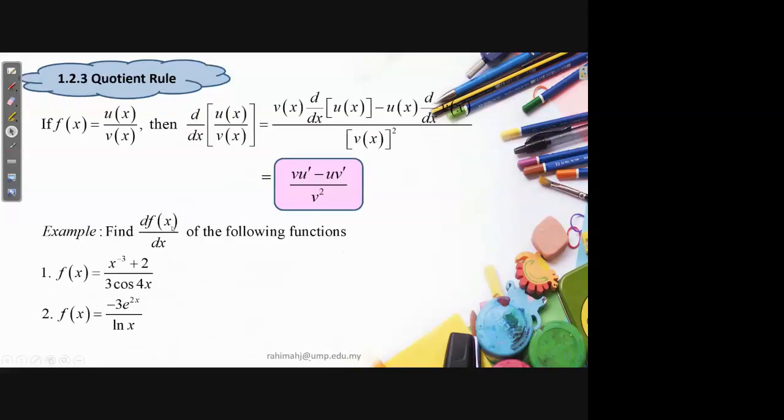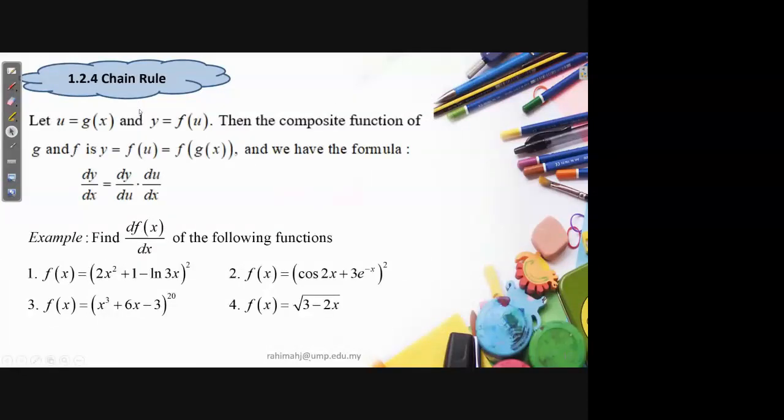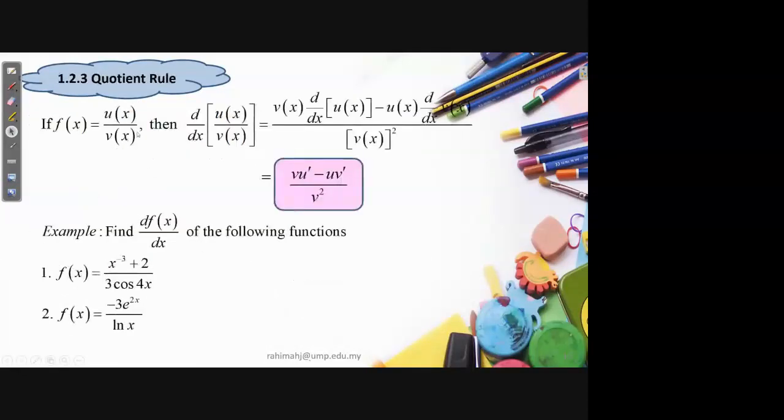Okay, next, the quotient rule. Just now we had a multiplication. For the quotient rule, you have a division of a function of x by another function of x, and we have this formula: u prime v minus u v prime, over v squared. For this one, you cannot simply pick u and v randomly like for the product rule.